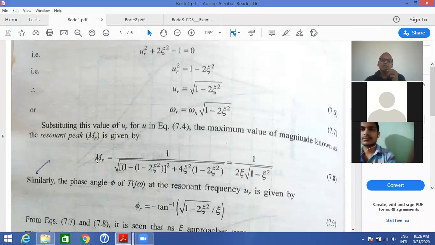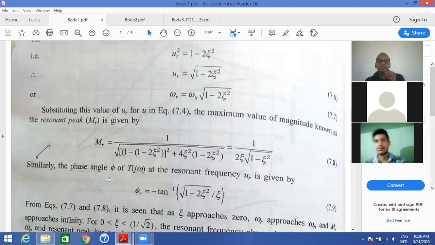In the time domain specification, Mp, the peak overshoot, equal to e raised to minus pi zeta upon under root 1 minus zeta square. Here in the frequency response analysis, Mr equals 1 upon twice zeta under root 1 minus zeta square. Similarly, calculate its phase, that is phi r, the phase at the resonant frequency, at U equal to UR, where UR equals omega R upon omega n.